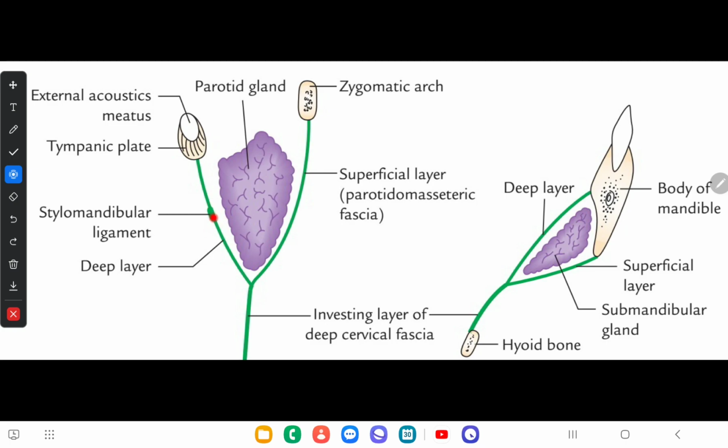You have to remember those things. It contains the stylomandibular ligament. This stylomandibular ligament intervenes between the parotid gland and the submandibular gland.